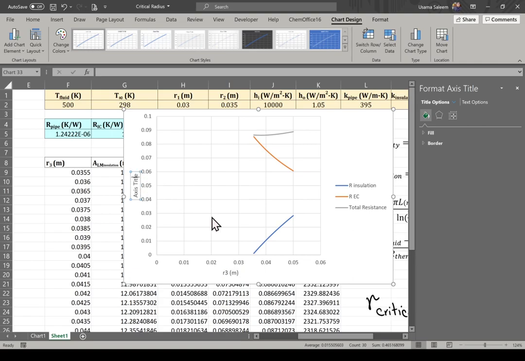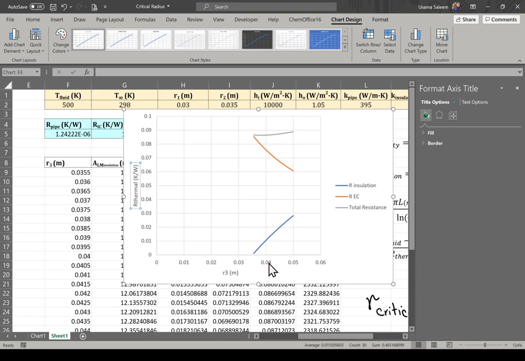I'm not going to add the units right here because I'm just demonstrating. I'm not going to show this to my boss. Again, guys, this is not a good example of data visualization. Don't follow my lead on this. All right, pretty good.